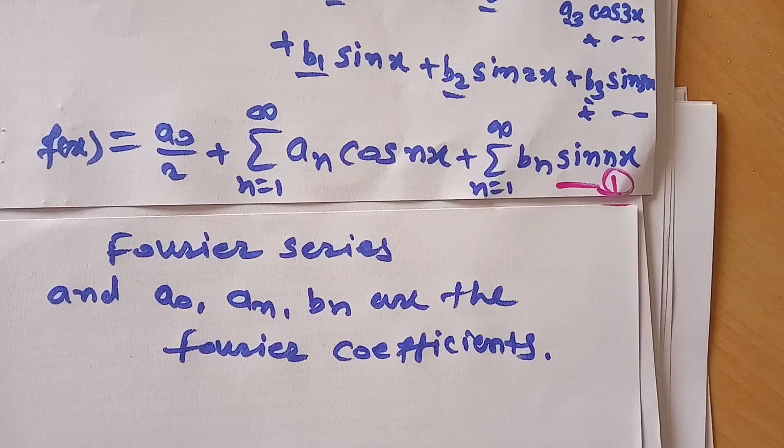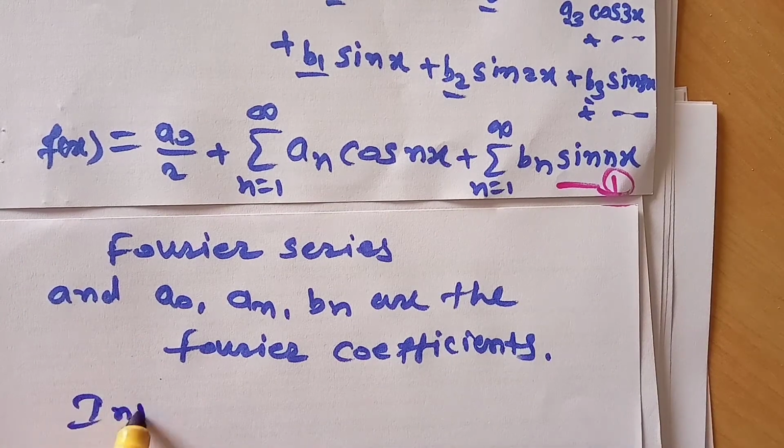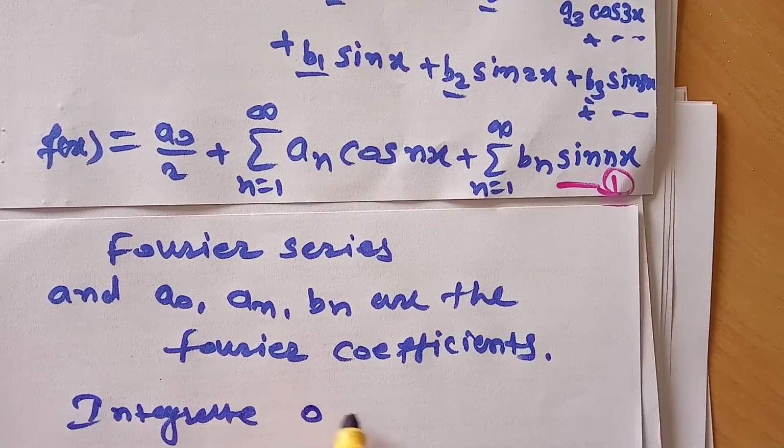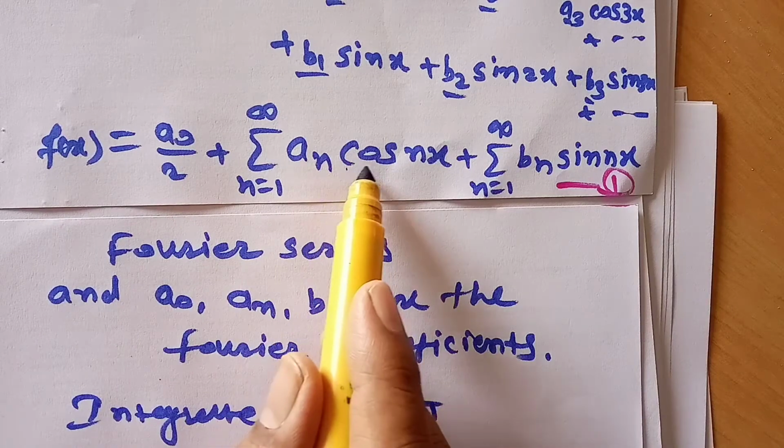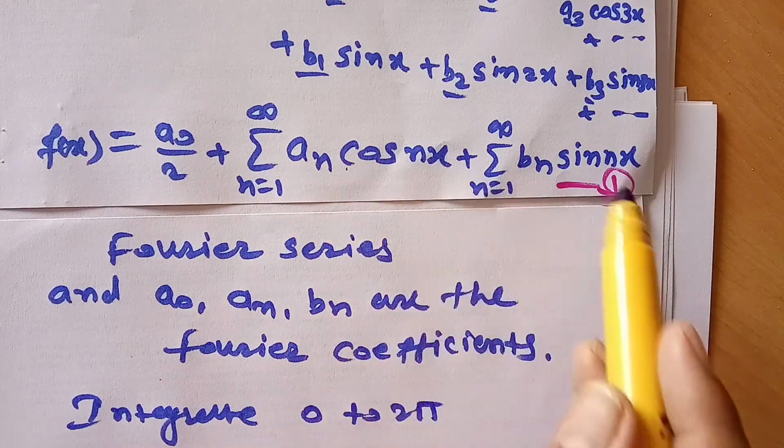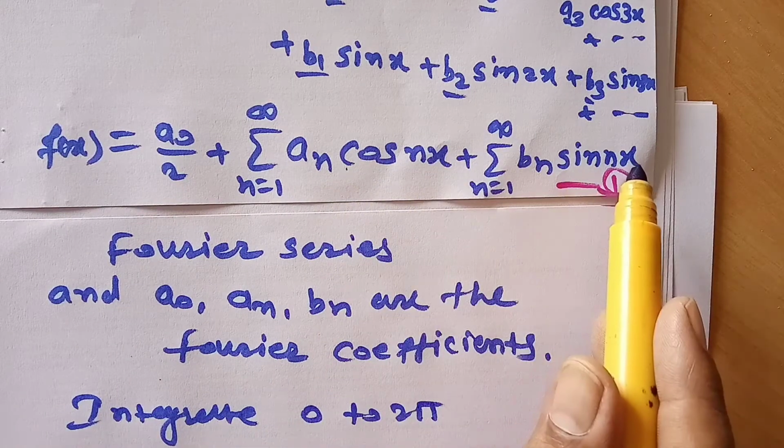For this equation 1, if I integrate between 0 to 2 pi, then what will happen? The integration from 0 to 2 pi of cos nx and the integration from 0 to 2 pi of sin nx get cancelled.